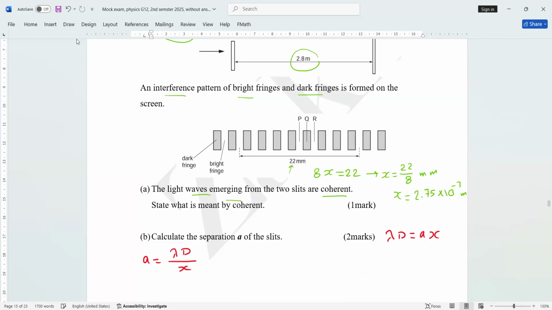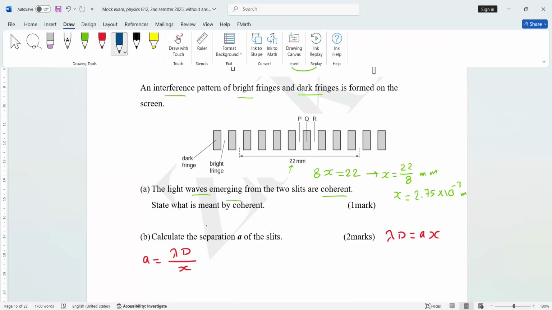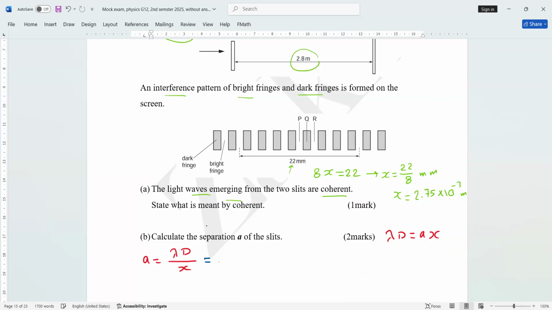Lambda is 6.2 multiplied by 10 to the power -7, multiplied by D, 2.8 meter, divided by x that we calculated, 2.75 multiplied by 10 to the power -3.